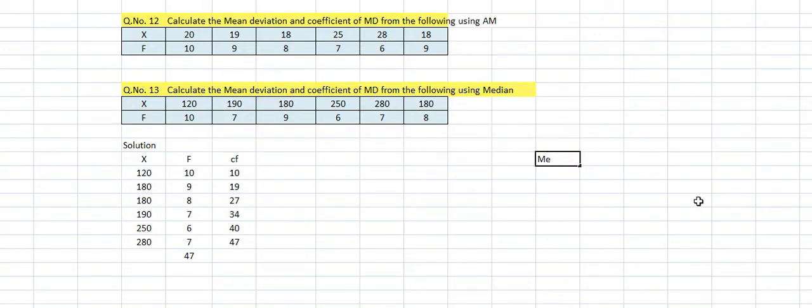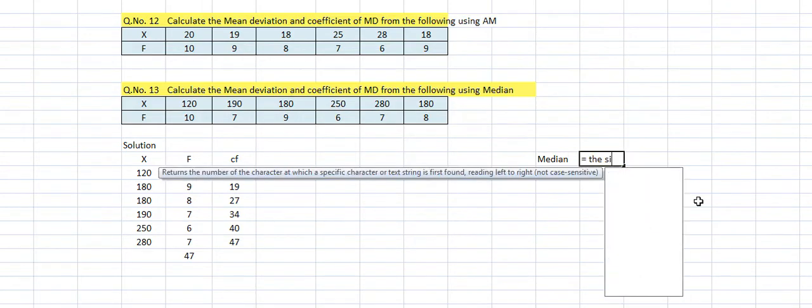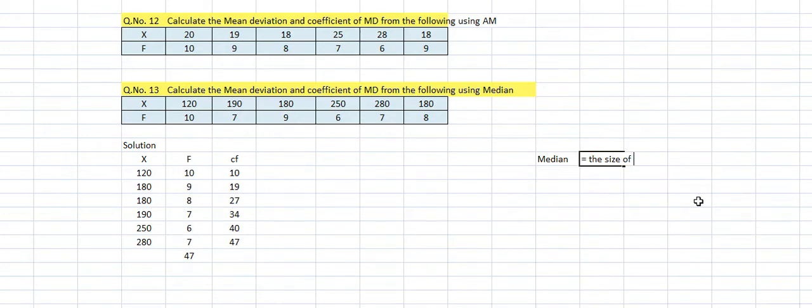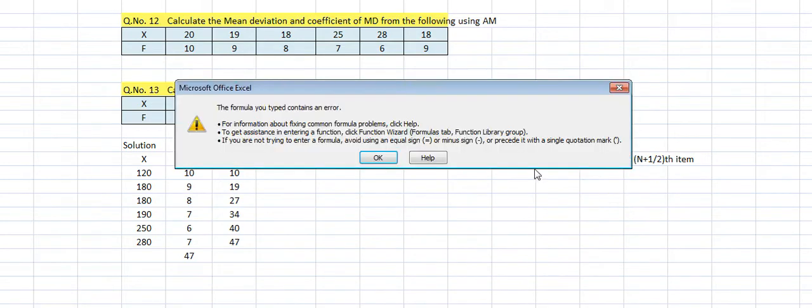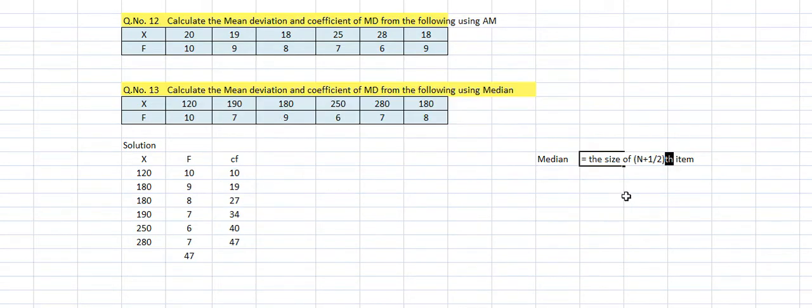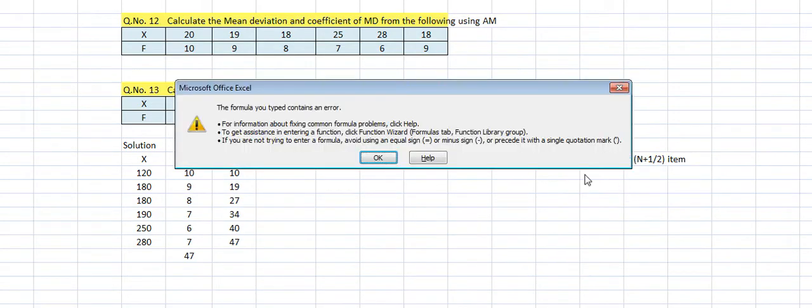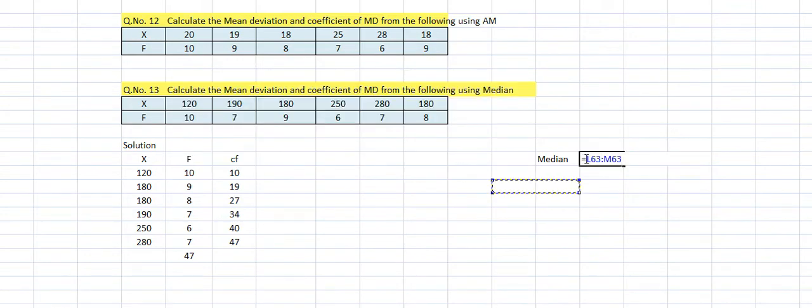Now I will show you how to find the median. Median equals the size of (n plus 1) divided by 2 th item. This is the median formula.